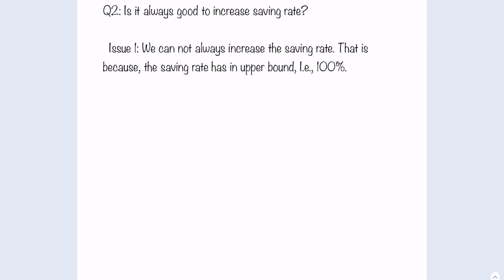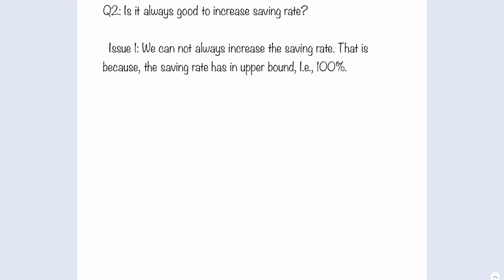The other issue with the saving rate is that when you increase the saving rate, it means that you save, in other words, you cannot eat. When your saving rate is 100%, it means that you eat nothing.